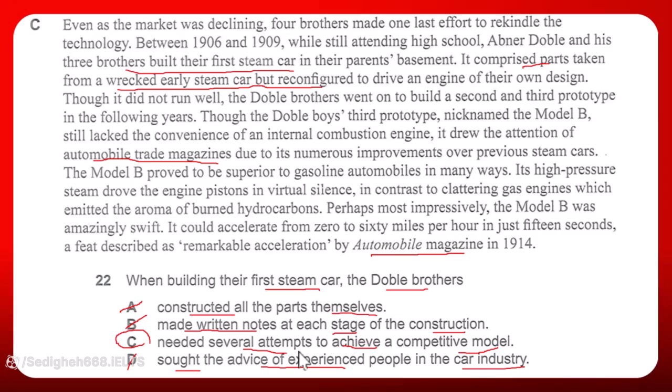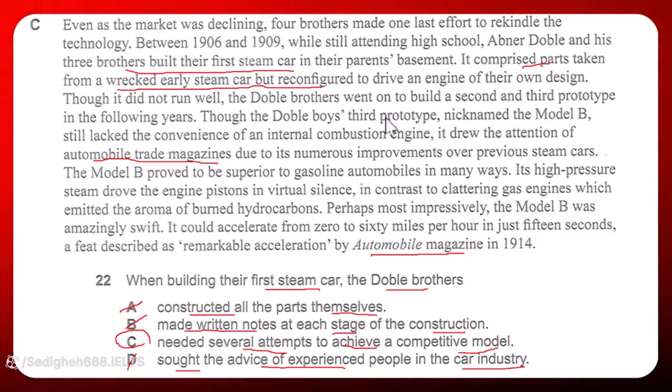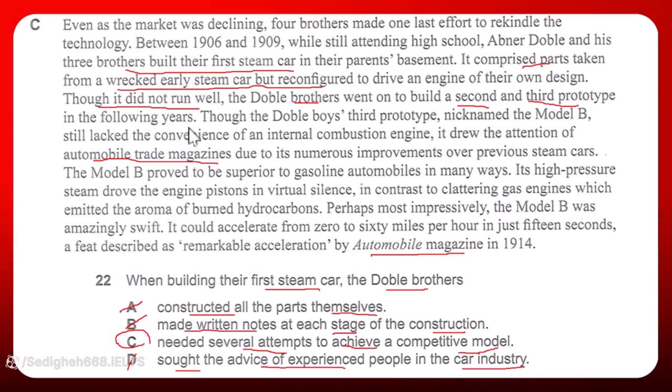Needed several attempts to achieve a competitive model. Where are the words that we can use for this option? Here we can see, though it did not run well, the Double brothers went on to build a second and third prototype in the following years.